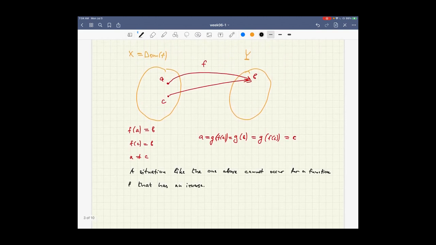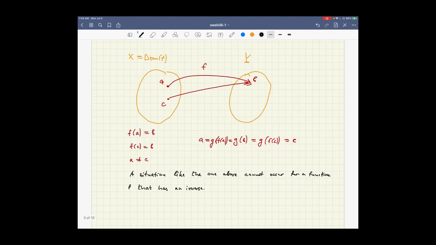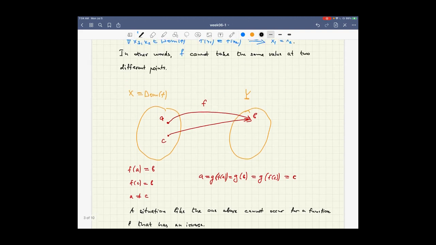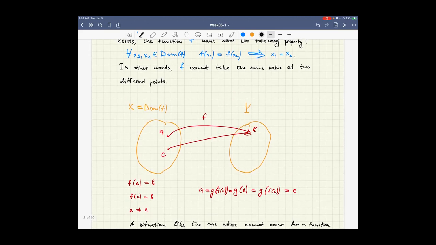Or equivalently, if a situation like this occurs, f has no inverse. Again, if it's known that f has an inverse, necessarily f has this property. It cannot take the same value at two different points.